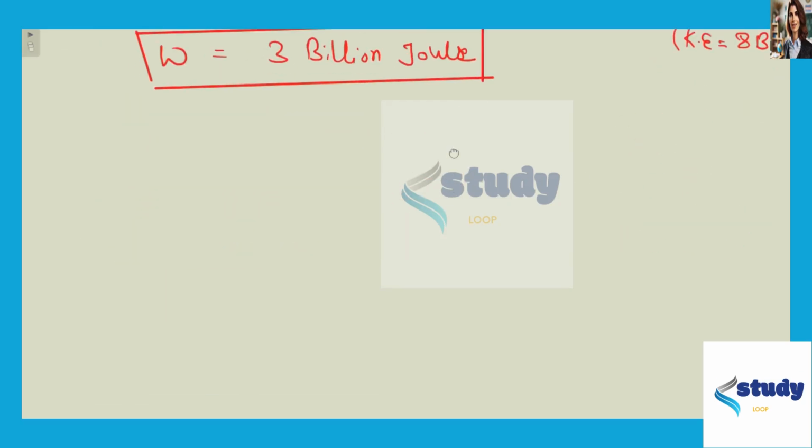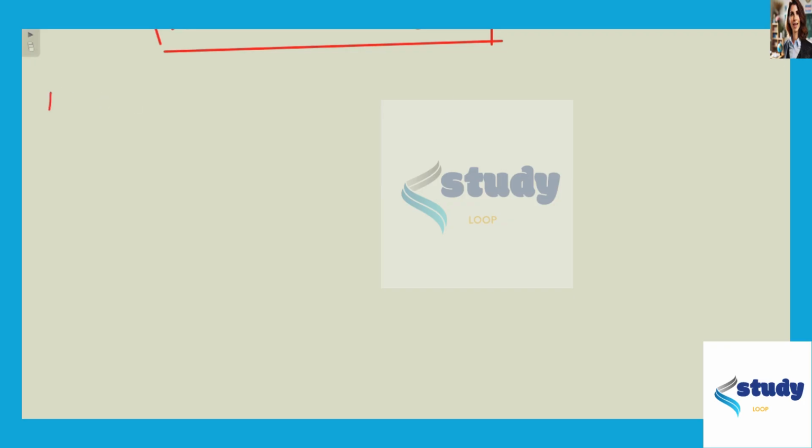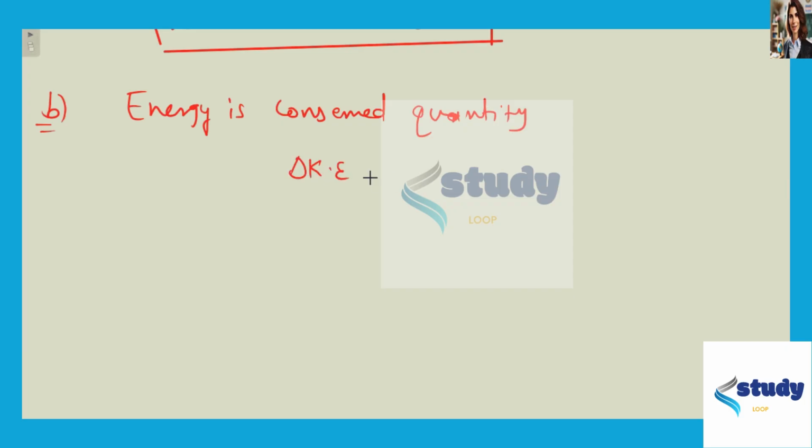So according to the conservation of total energy, energy is a conserved quantity, which means the change in kinetic energy plus the change in potential energy is equal to 0. So we can say that the change in kinetic energy is equal to minus the change in potential energy.